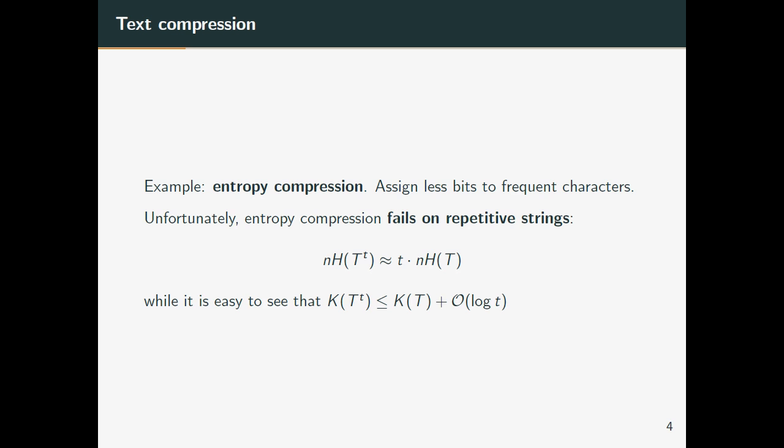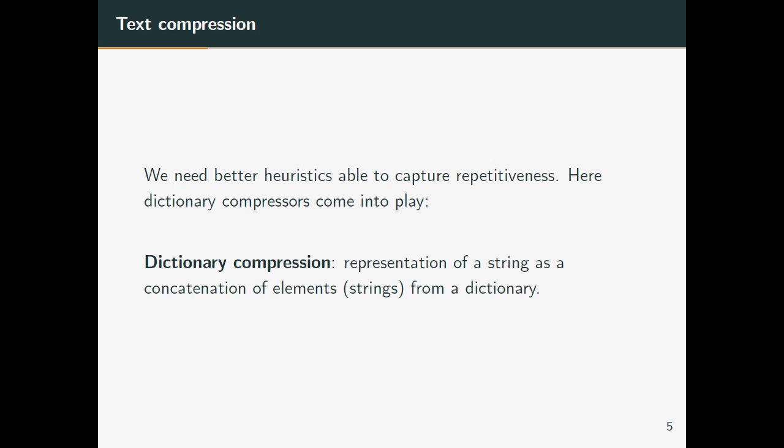You simply write the program for T, and then you add an instruction which says repeat t times. So with entropy, we get a t blow up, while only a log t additive blow up is necessary. So we need better heuristics in order to capture repetitiveness.